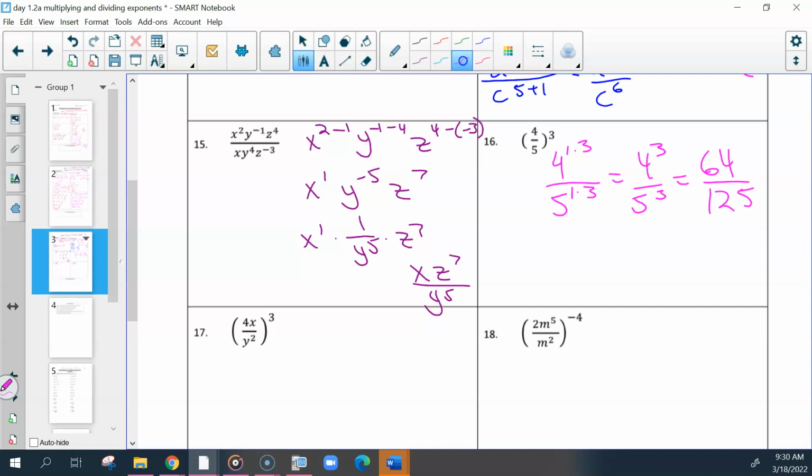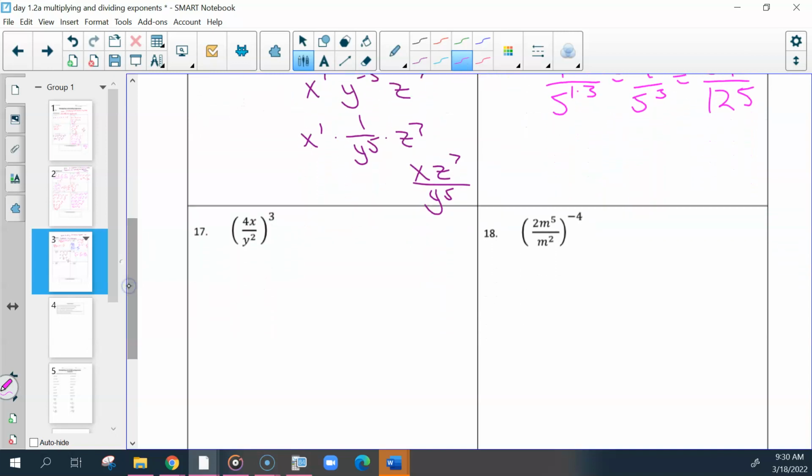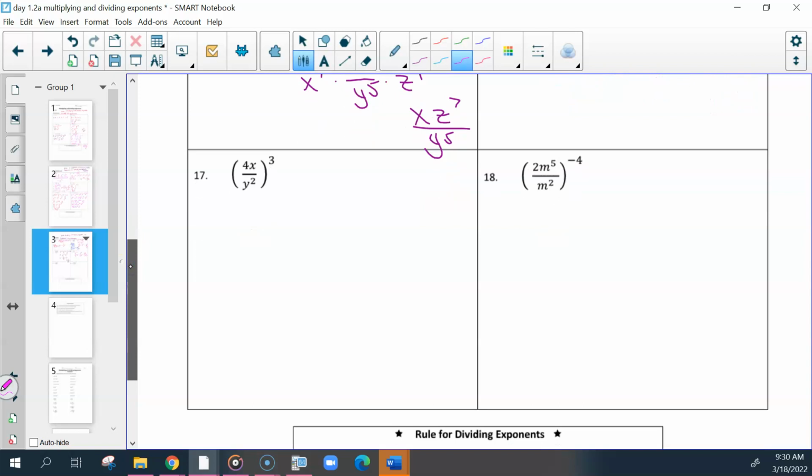As we keep doing this, if we had something we could simplify inside, we would do that first, our order of operations, and then apply the exponent. But if not, we would just go to the exponent. So like for 17, we have different variables, not like bases, so we can't combine anything. So we're just going to go ahead and deal with our exponent.